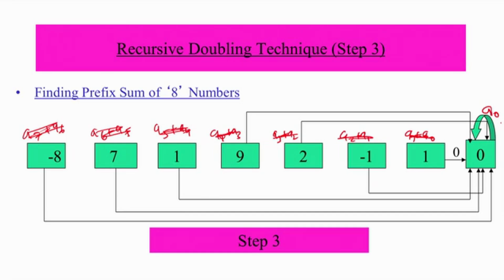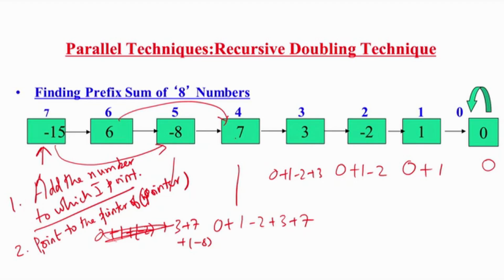So if I have n processors, at every step I add the content of the location to which I point, and I make my pointer as pointer of pointer. If I keep doing it, please note that at the end of the first step, I am pointing to an element which is 2 power 0 away from me, and I have added 2 elements.